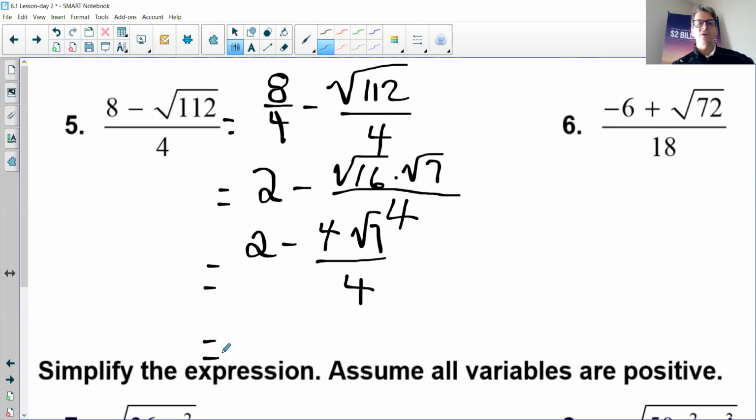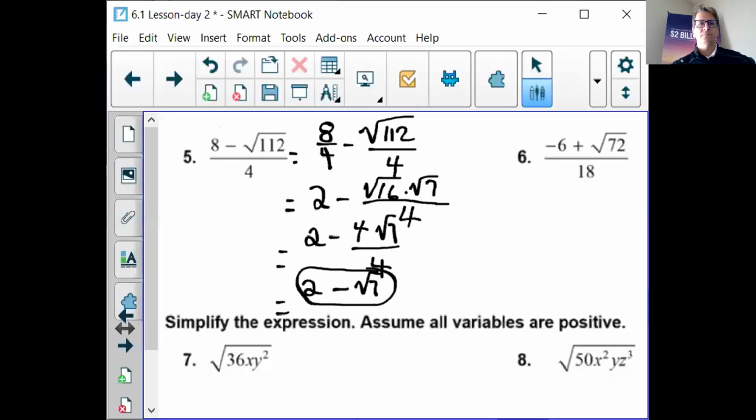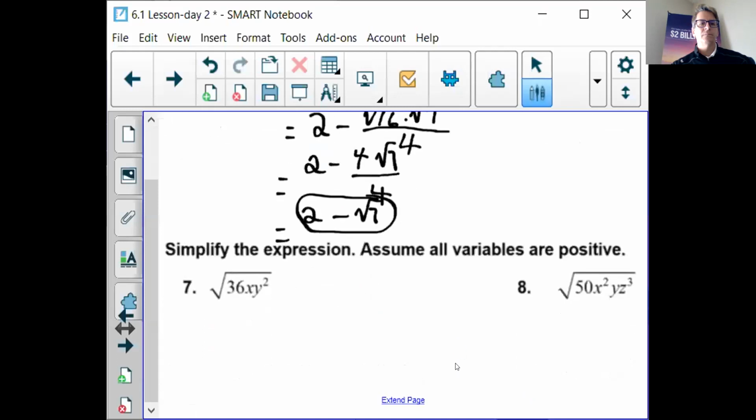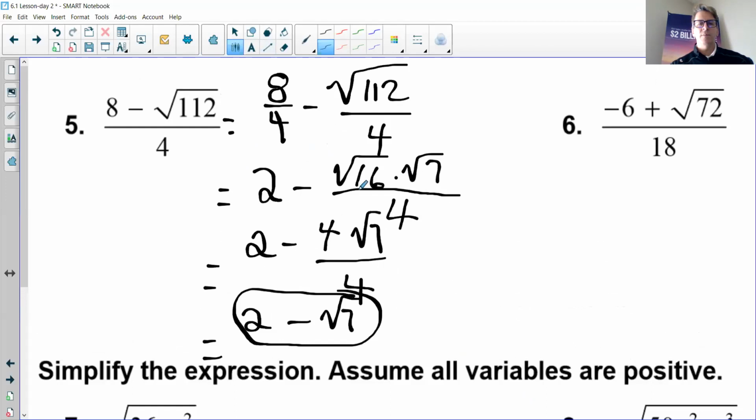And then your final answer is going to be 2 minus, the 4's cancel, square root of 7. Two minus the square root of 7. So looking back at this, breaking 112 down to 16 times 7, looking for that perfect square with that example there.